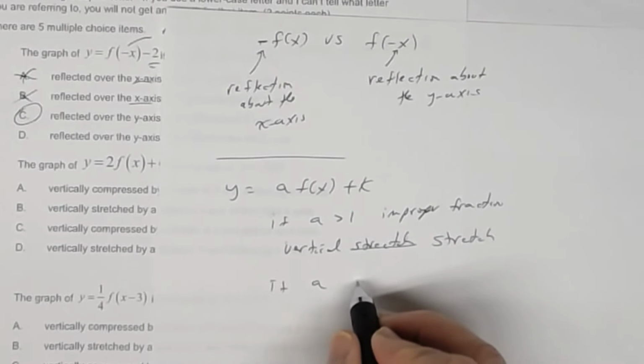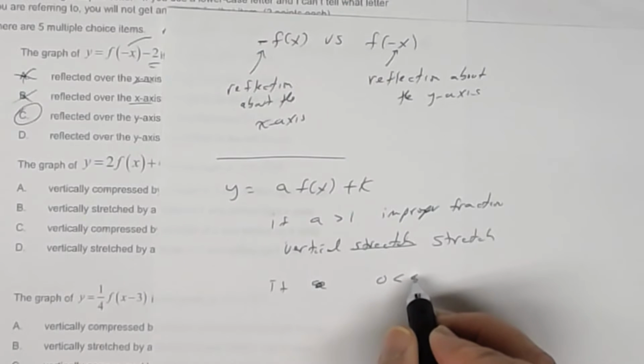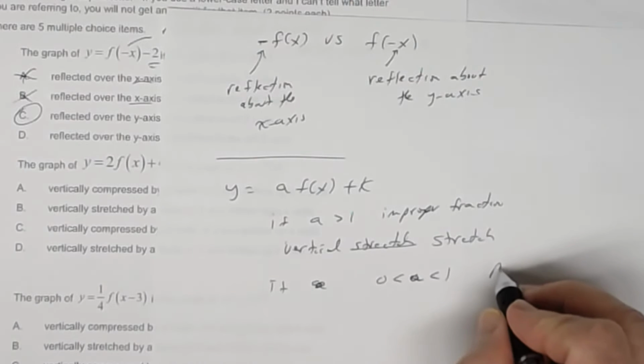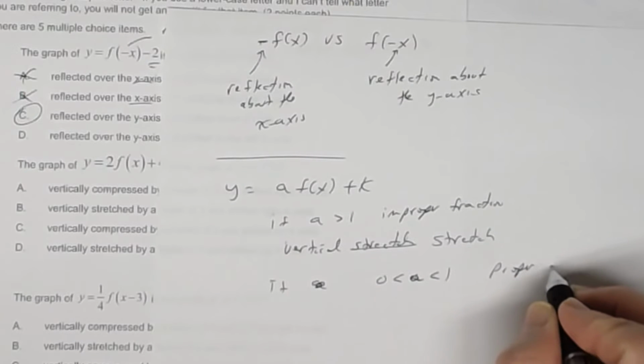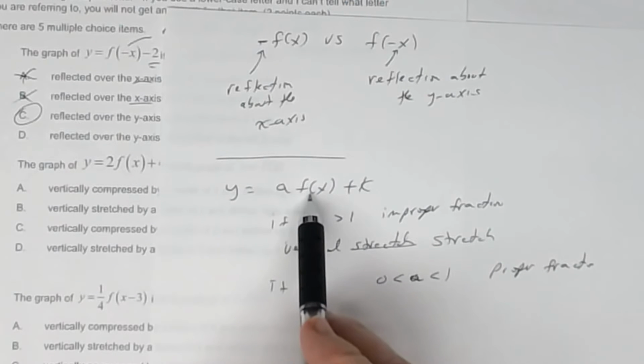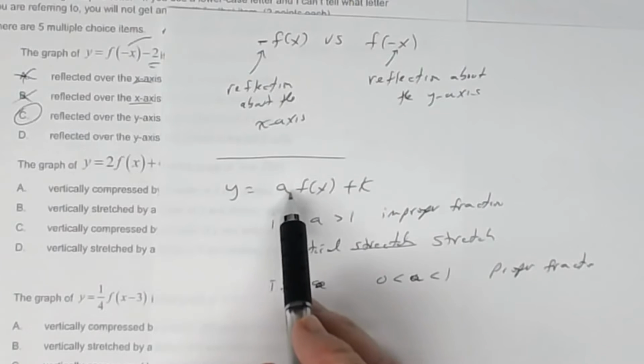If a is between 0 and 1, meaning a proper fraction, so a number less than 1, let's say 1/2, you're taking the y value and multiplying by 1/2.